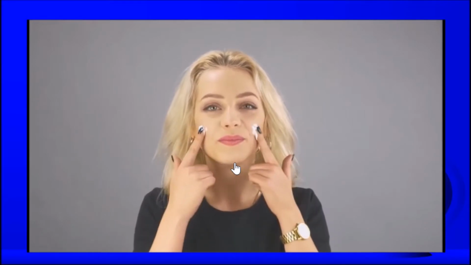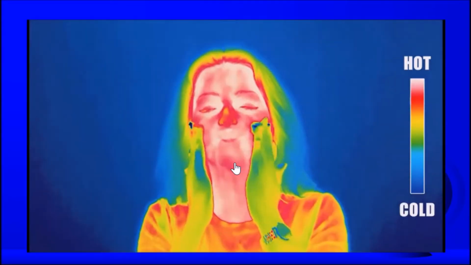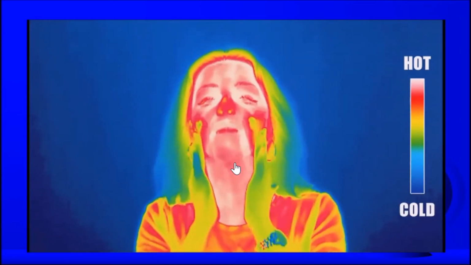Yeah. But that's in the visible light range. Have you seen her in infrared? Oh, she's pretty, isn't she?